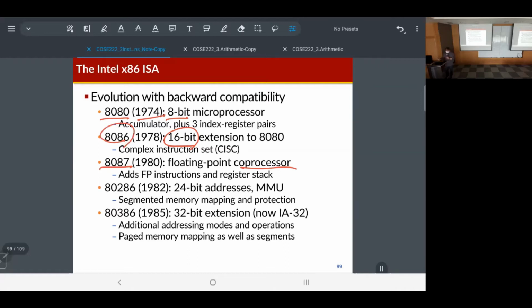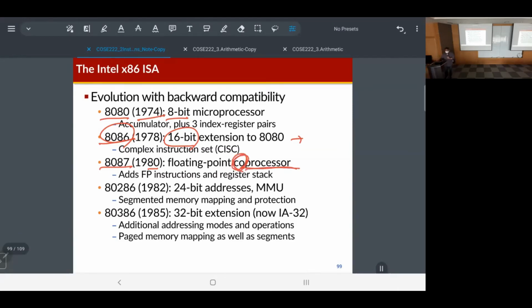The 8086 just supports integer type instructions, like RISC-V I version. But in 1980, Intel also included the 8087, the floating point coprocessor.